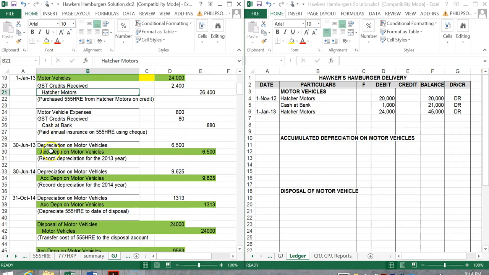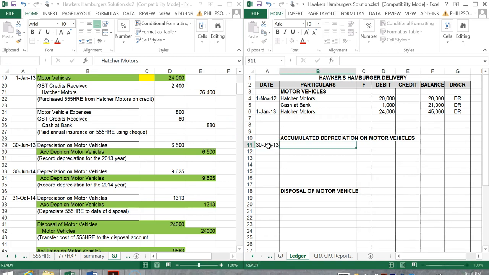Okay. Now it's to accumulated depreciation, 30th of June 2013. 6,500 credit to accumulated depreciation with depreciation on motor vehicles as our particulars. $6,500 credit.